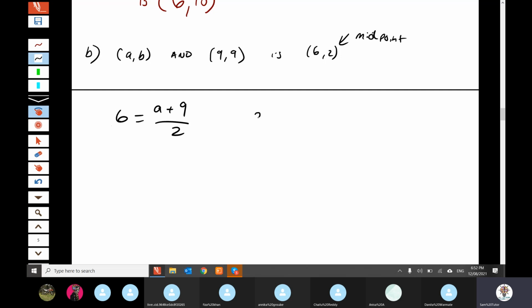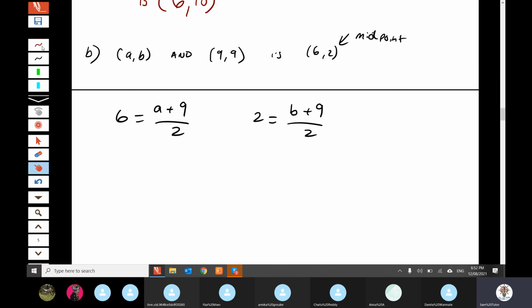That's your midpoint. 2 equals B plus 9 divided by 2. Let's have a look. X1 plus X2 divided by 2 equals midpoint. Y1 plus Y2 divided by 2 equals midpoint.